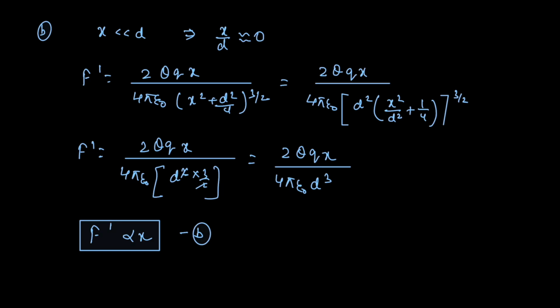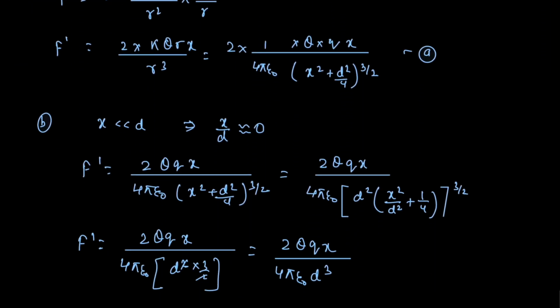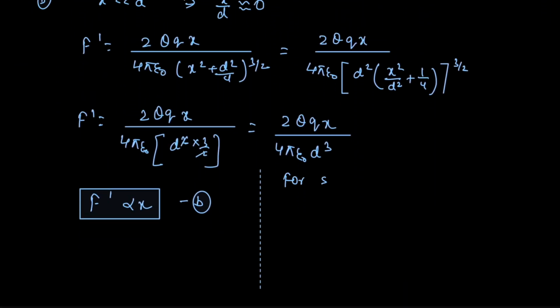In the third part, under what condition will the particle C execute SHM if it is released from a small displacement, and find the time period. So for SHM, F must be equal to m into omega square into x.